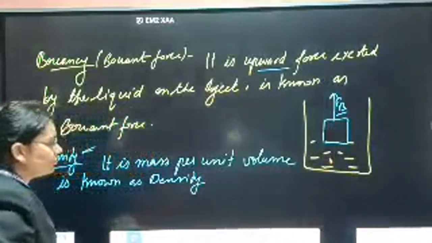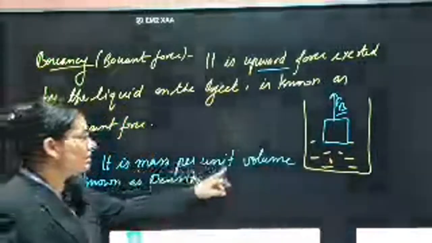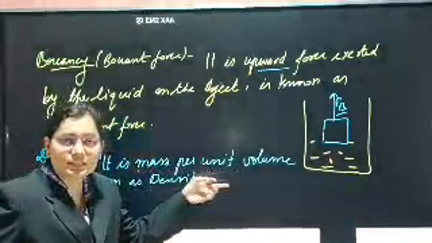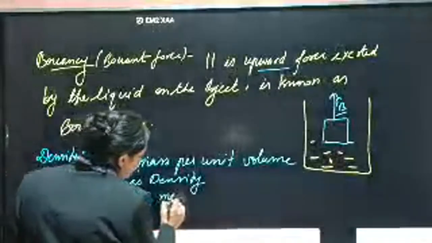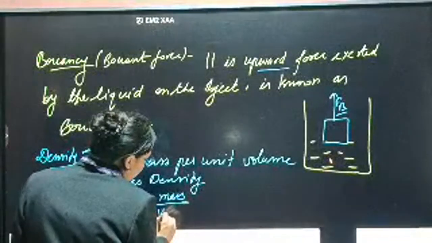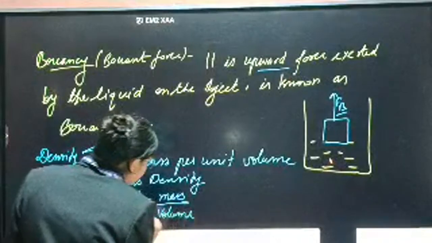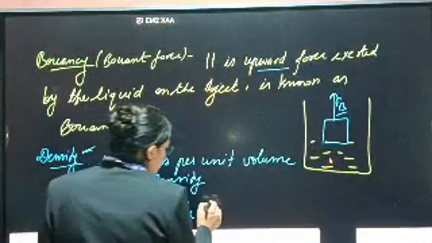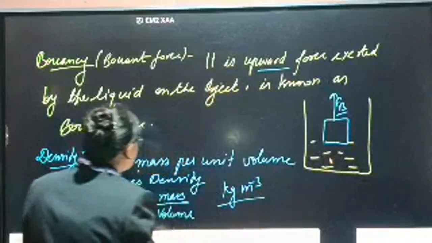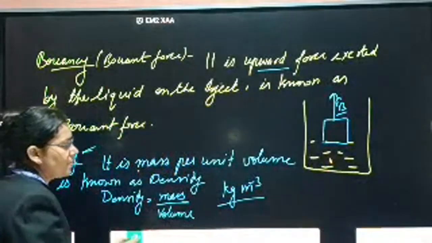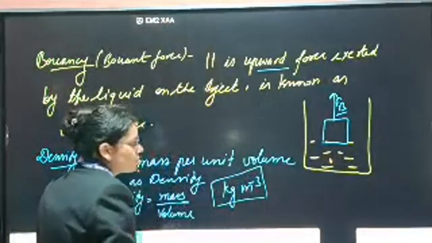How much mass lies in how much unit volume. So density is equal to mass per unit volume, like this we can write. Here we can write kg per meter cubed (kg m^-3) will be the unit of density. Okay, this is the density of the liquid.